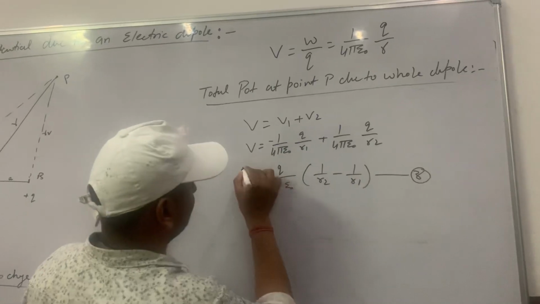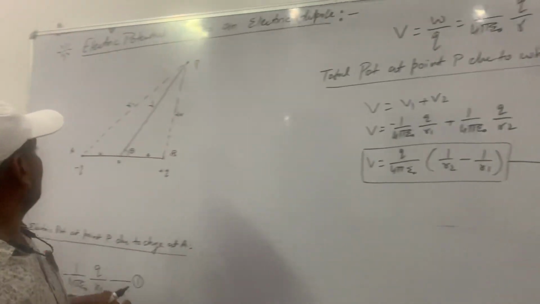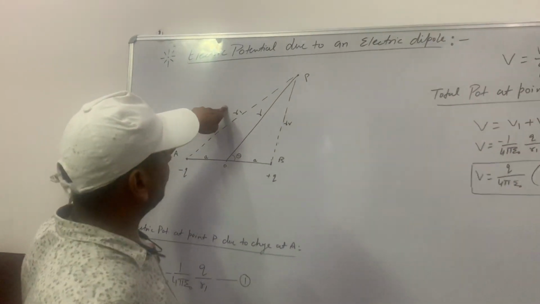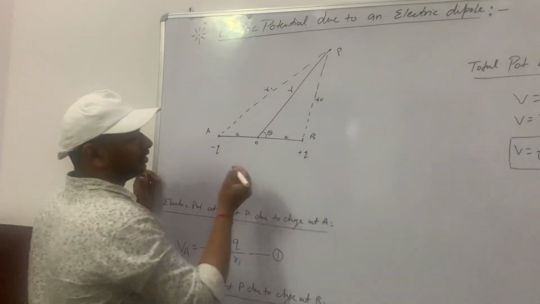Result number third. If we have the values of r1 and r2, the potential can be calculated.